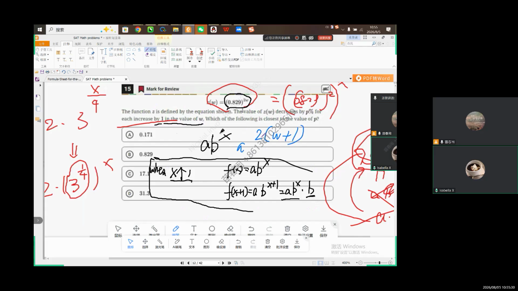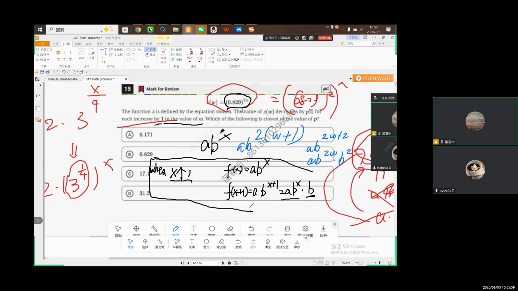We can still figure this out. A, B to the 2W, times B to the power of 2. Using this way is also definitely working.